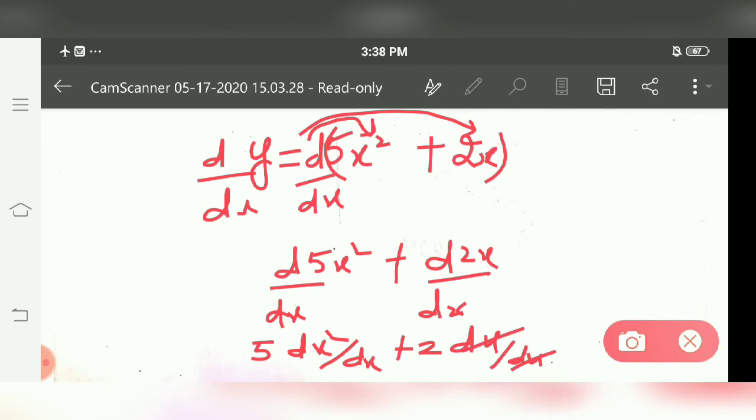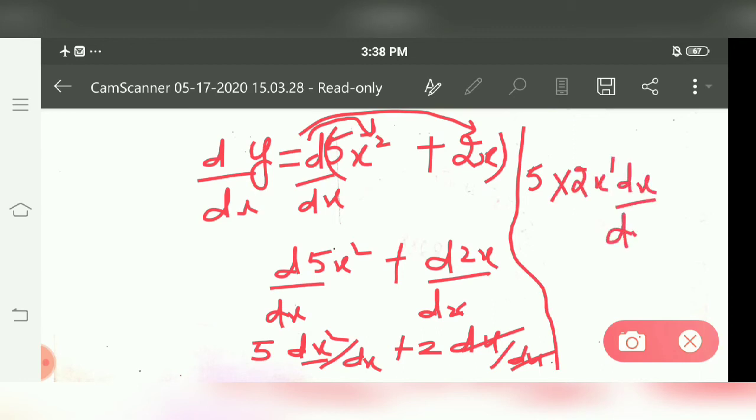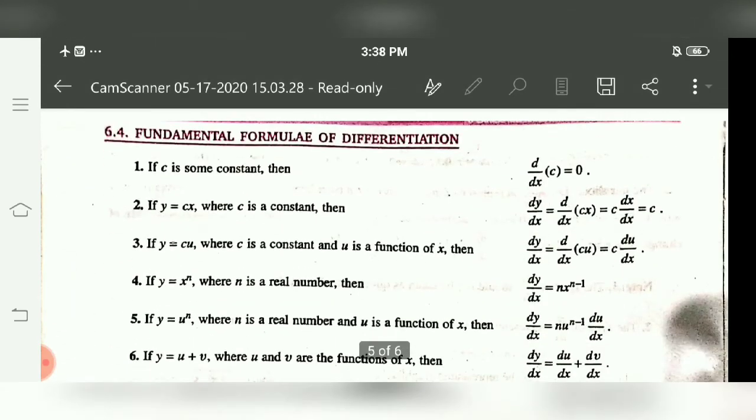This cancels, so this is 2x. 5 into 2 into x raised to power 1 into dx by dx, plus 2 cancel. We get 10x plus 2. If I write nothing here, it means it is power 1. So it is a property of the linear operation here.